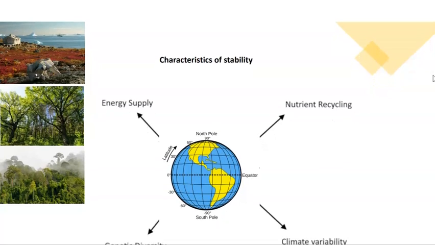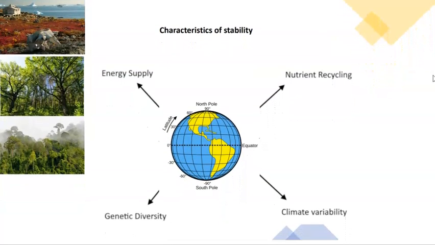When we look at the characteristics of stability, it's worthwhile breaking this down into 4 points of analysis. The first being the energy input into that biome or ecosystem, and in particular the amount of solar radiation or light intensity which is available to the producers of that particular biome or ecosystem.